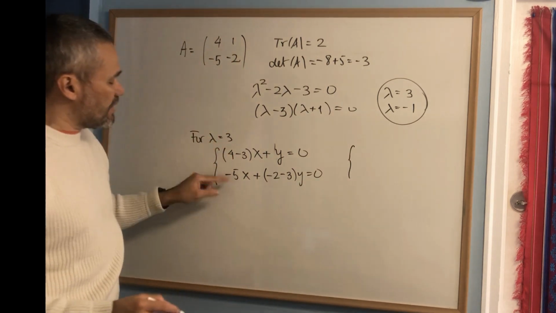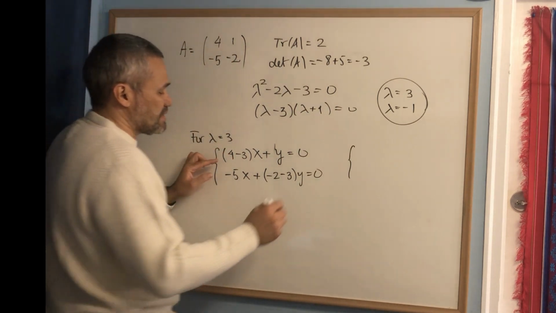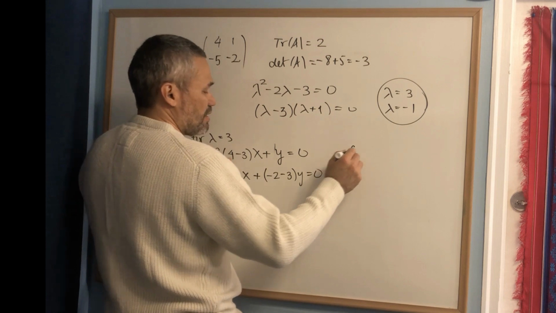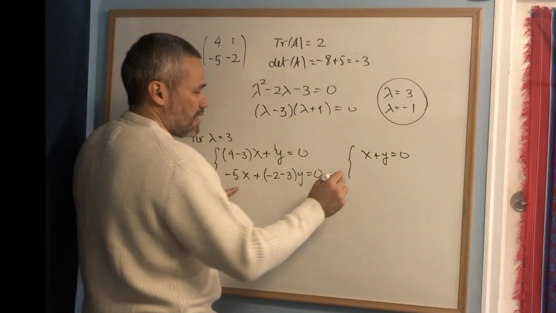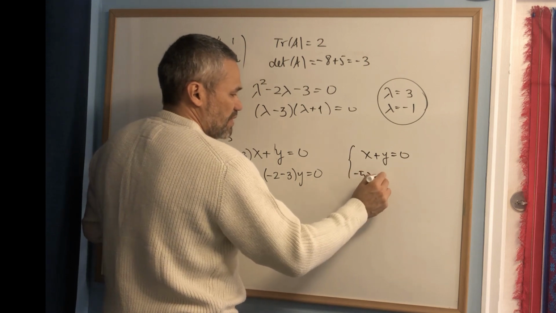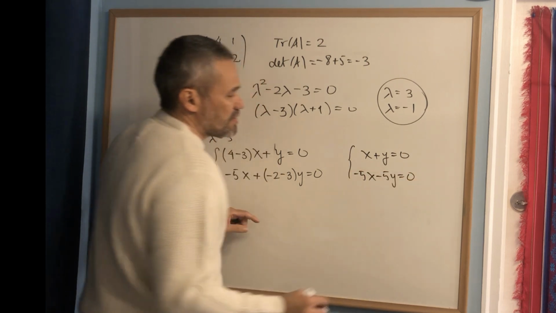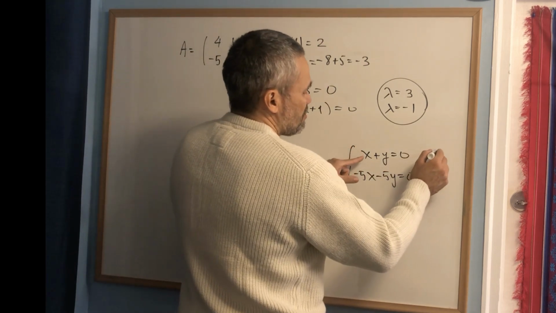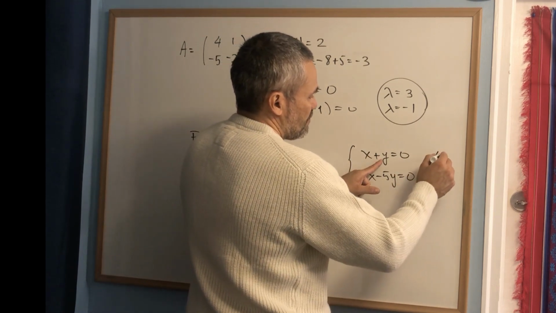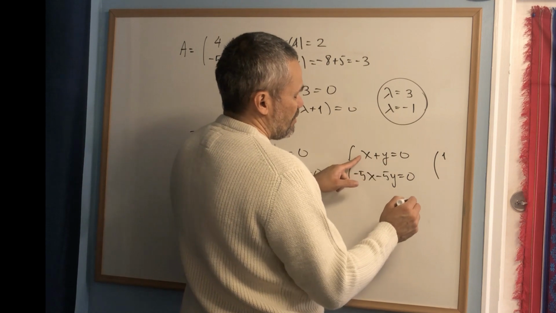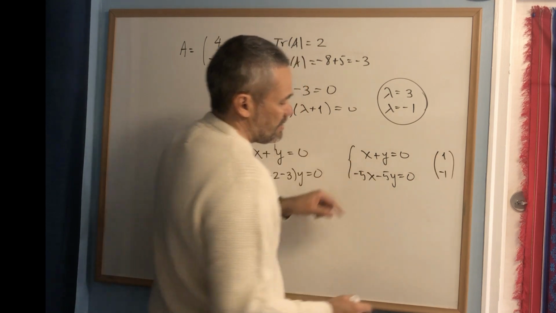If everything is okay, these two equations are supposed to be the same, and we have x plus y equals 0 and negative 5x minus 5y equals 0. As I mentioned before, you can always pick x equal this coefficient, which is 1, and y equal the opposite of this coefficient, which is negative 1.